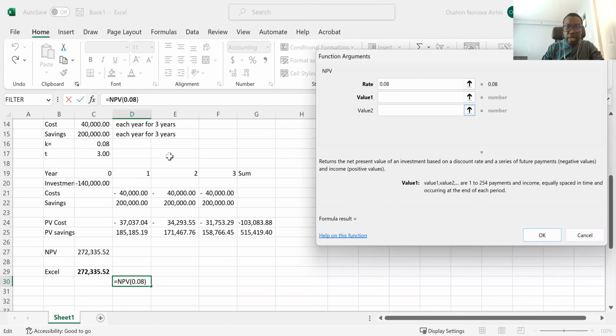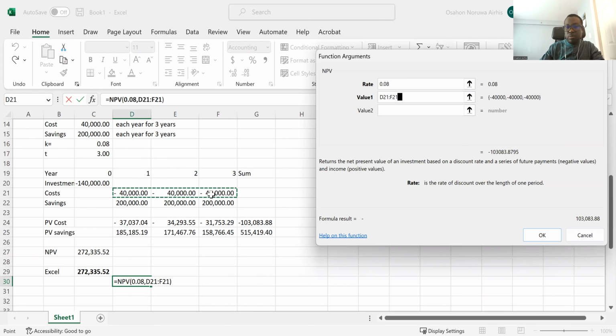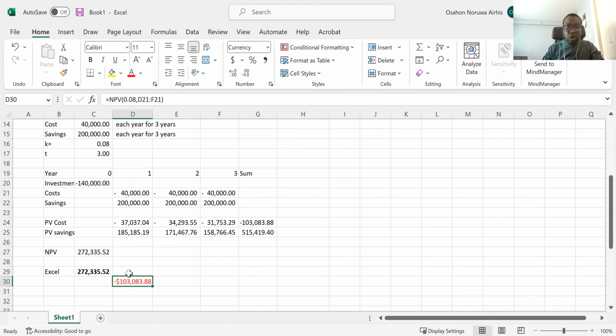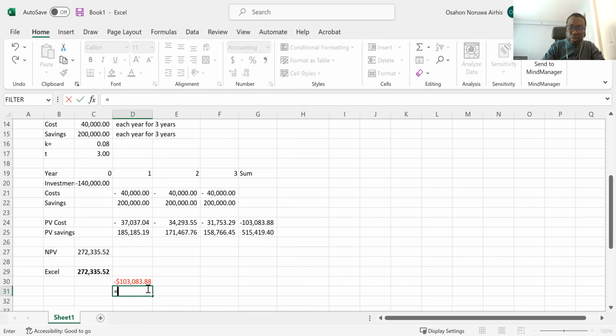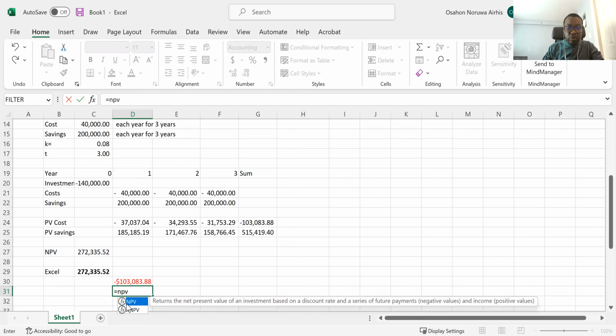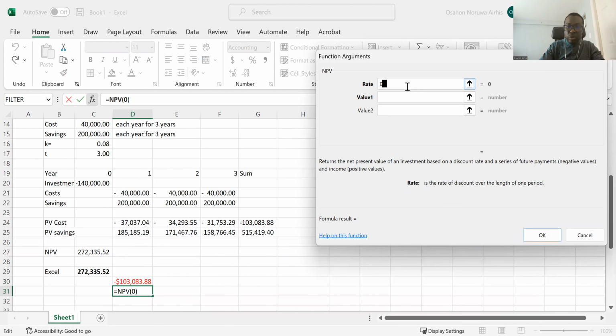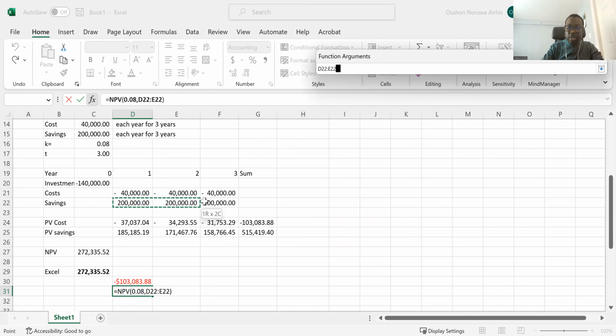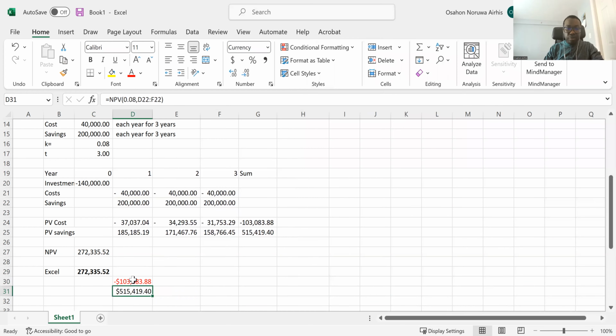Here I highlight all of the costs and press enter. Then I do the same thing for the savings: equal to NPV for the savings, 0.08, and here I highlight the savings and press enter.